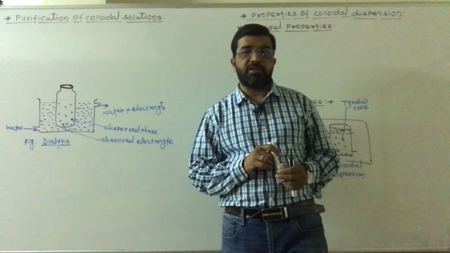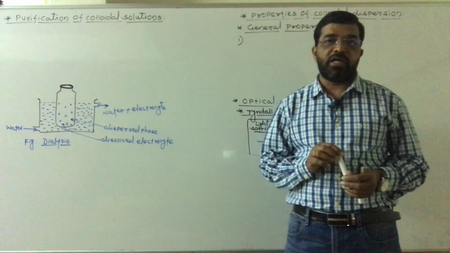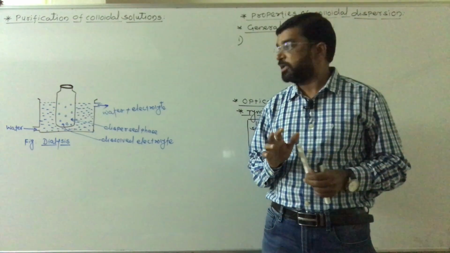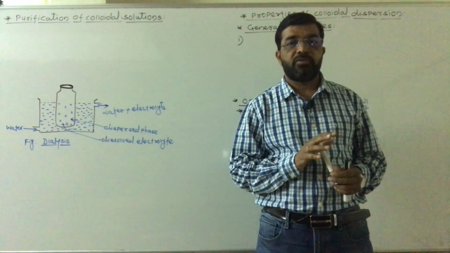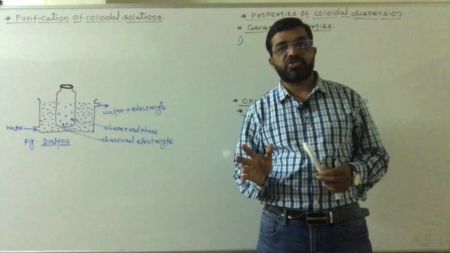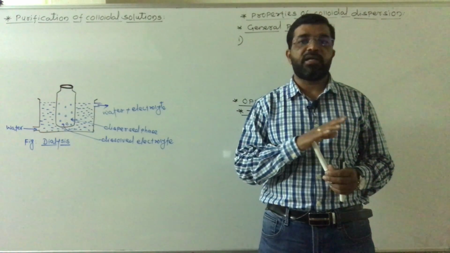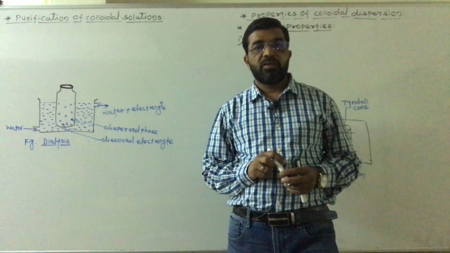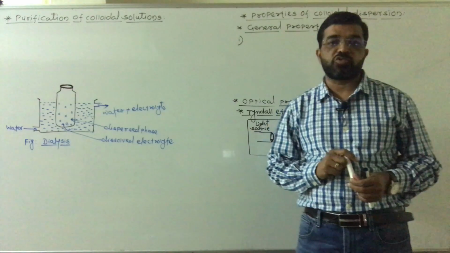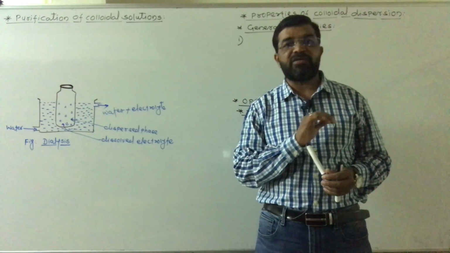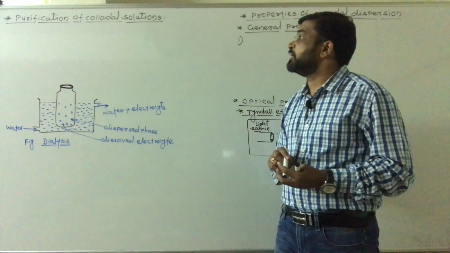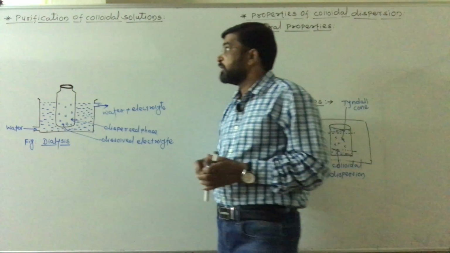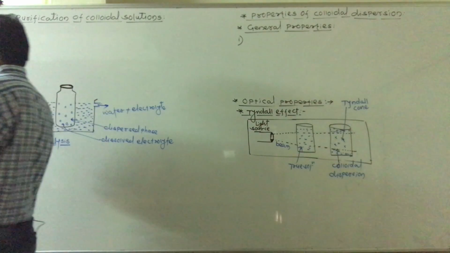In chemical method, the colloidal solutions are prepared by oxidation, reduction, hydrolysis or double decomposition method. Today we have to study purification of the colloidal solutions, and after that we will study the properties of colloidal solutions. See, purification of colloidal solutions.